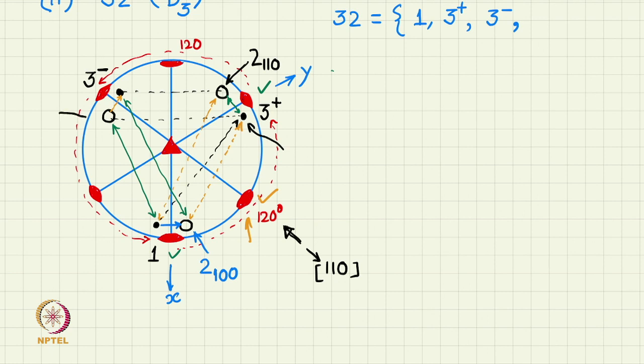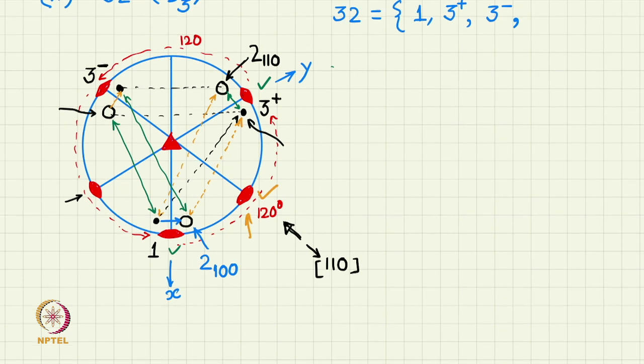And similarly, this point will come from rotation about this axis, which is my y axis. So, that is 0 1 0. So, this is 2 0 1 0.